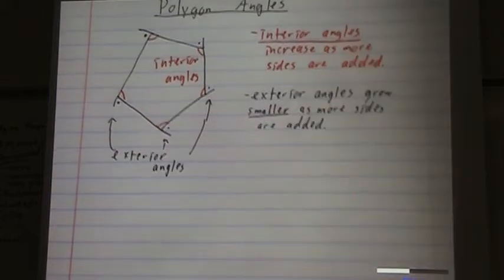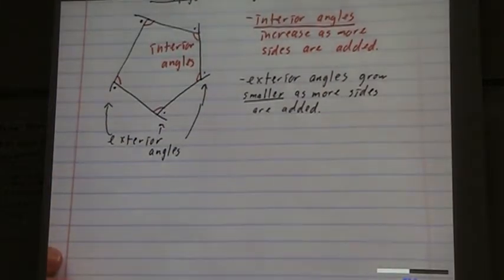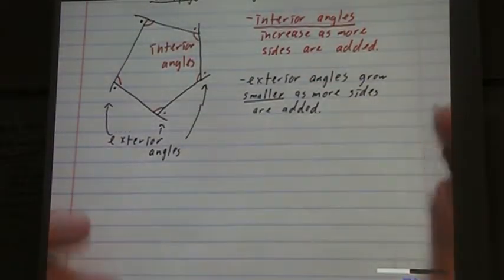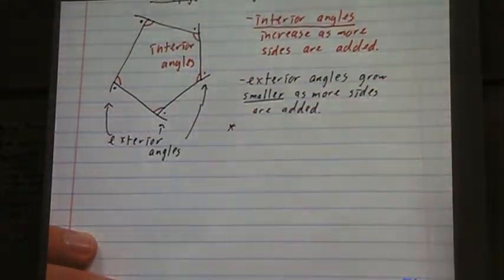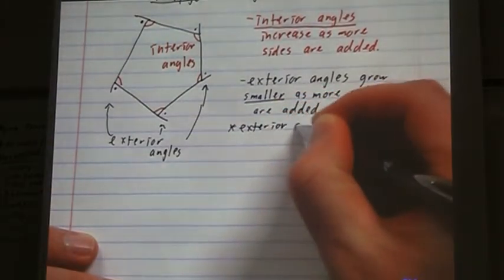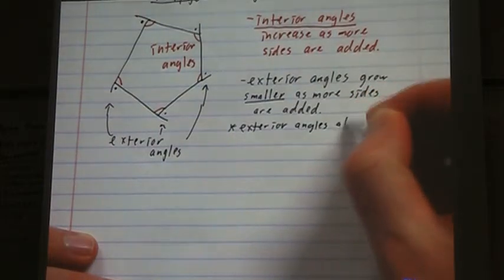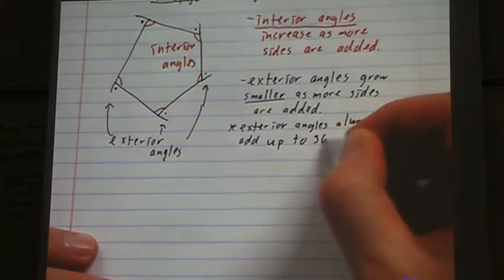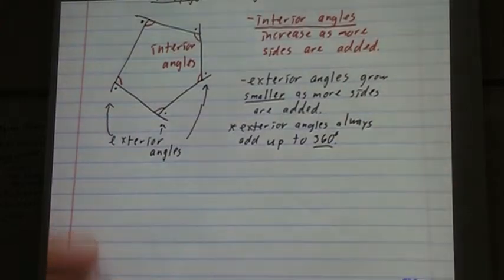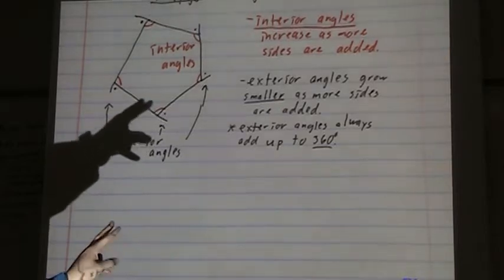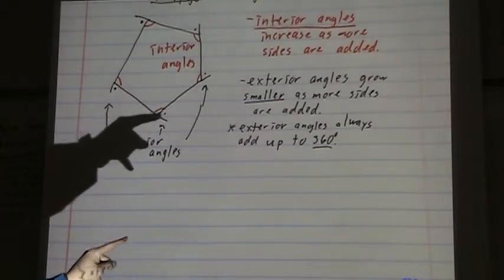Now exterior angles always add up to 360. So if you add up all my dotted angles, however many sides I have, the sum of exterior angles is always going to be 360. Okay, so the sum of exterior angles is always 360. And one thing that I hope jumps out to you guys is this is a straight line. We have an interior angle and an exterior angle.